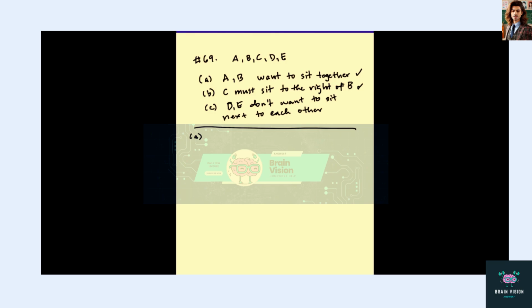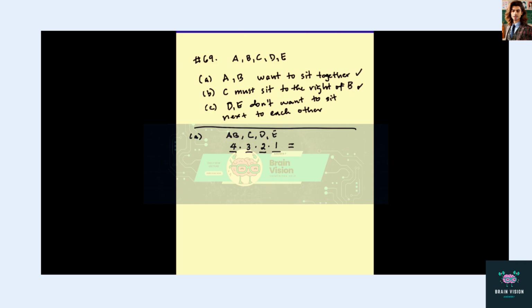So A and B want to sit together. In order to answer this question, what we want to do is to think of A and B as one person, AB, seated in that order, A, then B. So our 4 people would be AB, C, D, and E. So we have 4 people that we want to sit in a row. 4 possibilities for the first seat, 3 for the next, 2 for the third, and 1 for the last.